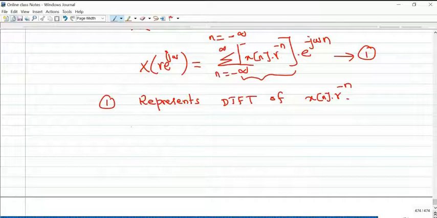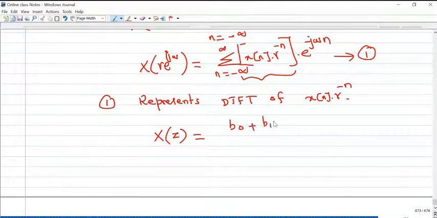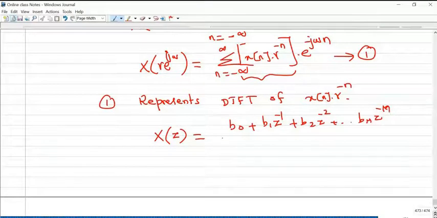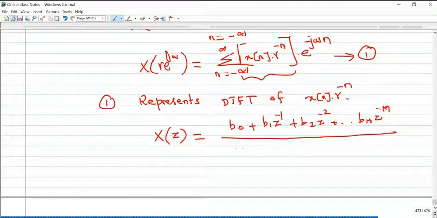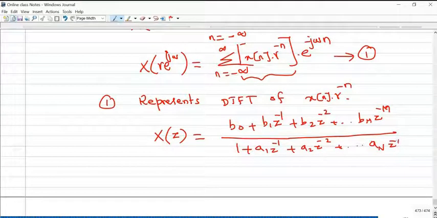Like Laplace transform, here also the region of convergence concept is available. Once you find the Z transform of a sequence, you will get X of z in the form of numerator b m z power minus m, and denominator 1 plus a1 z power minus 1 plus a2 z power minus 2 and so on, up to an z power minus n.